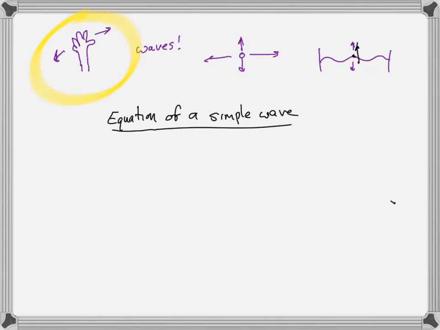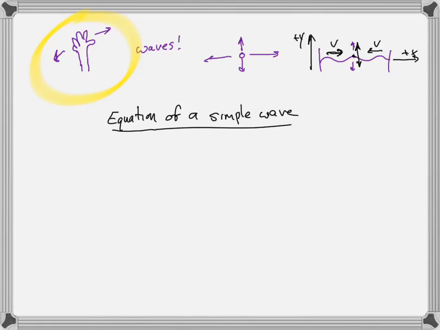With time, we know it goes up and down and up and down and up and down with simple harmonic motion. So in time, if we call this the x direction is the direction of wave propagation, right? The wave propagates to the right and to the left. The direction of wave propagation is the x direction. Then the displacement from equilibrium, or the amplitude, is in the y direction.